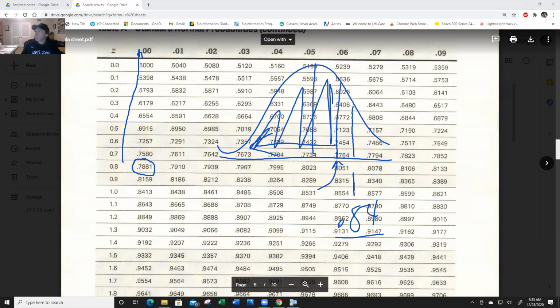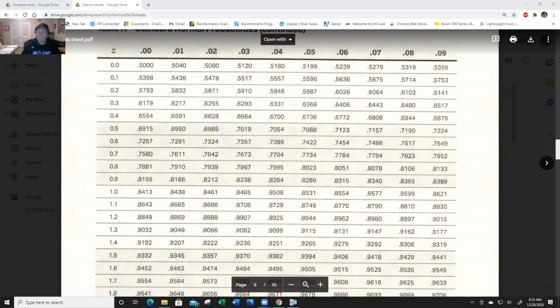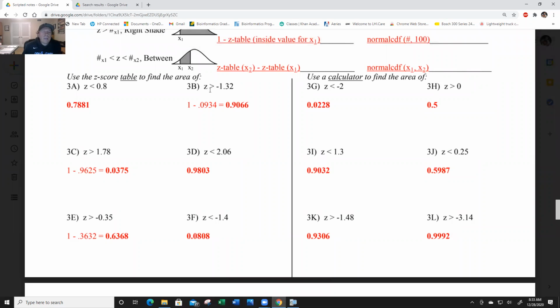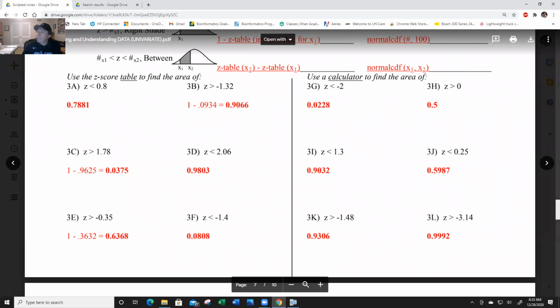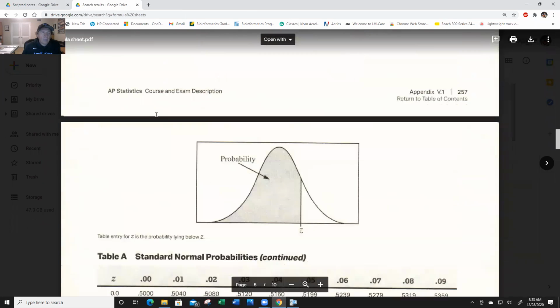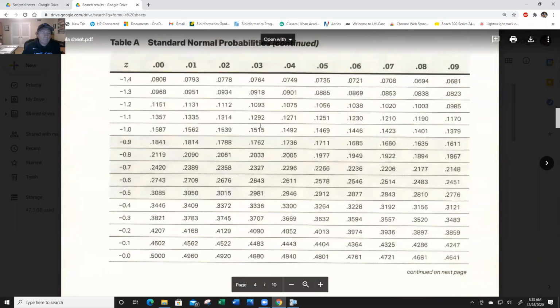Okay, all right, fantastic. The next one, I got to go back and forth on this, will be a z-score that's greater than negative 1.32. No problem. So let me go to this, and I'm going to look up negative 1.32.